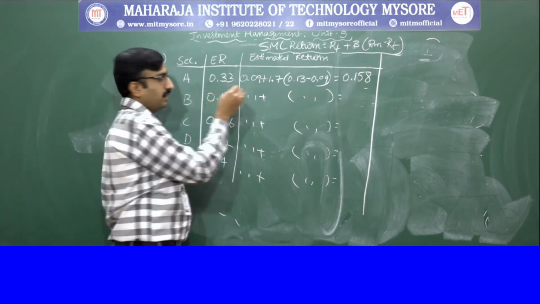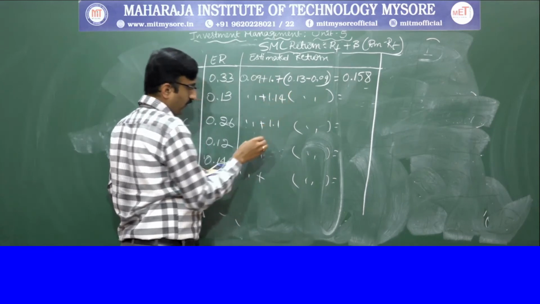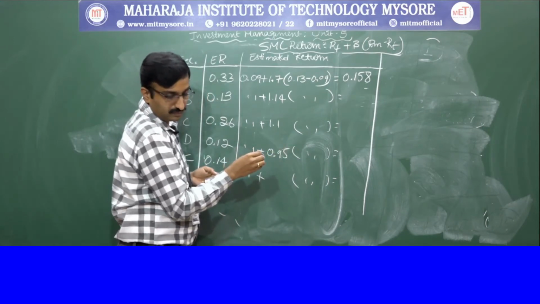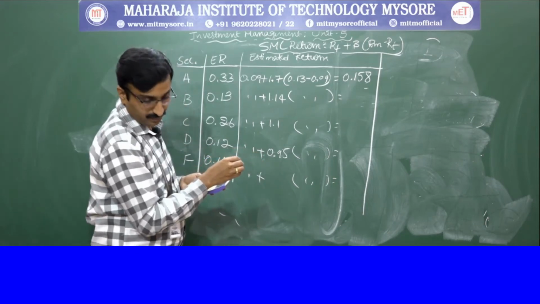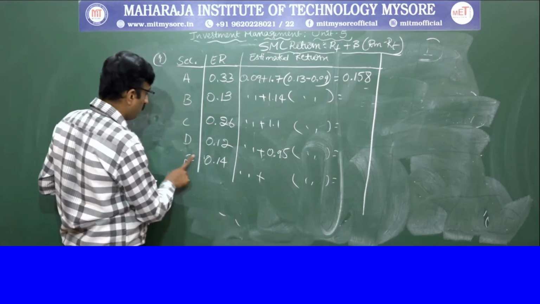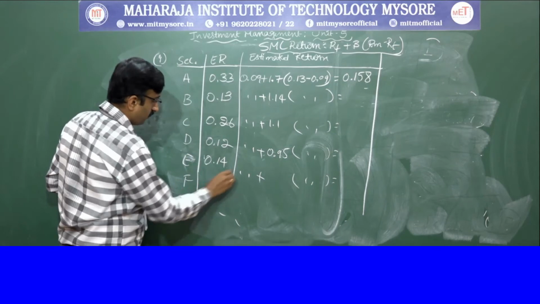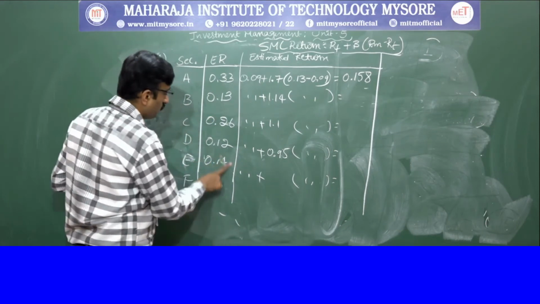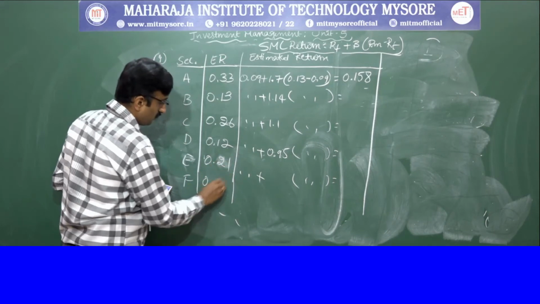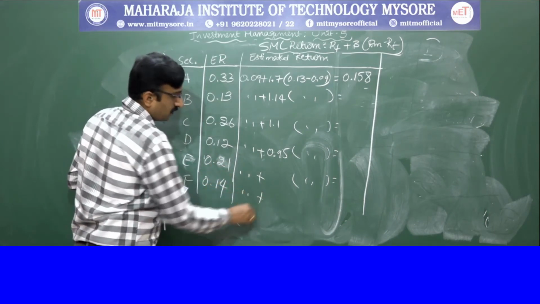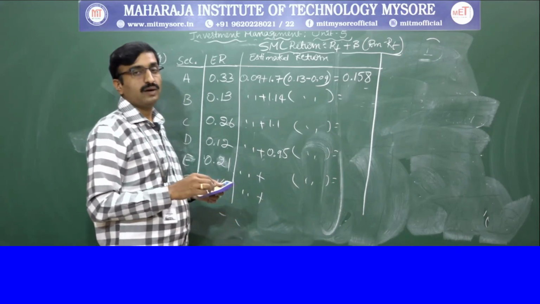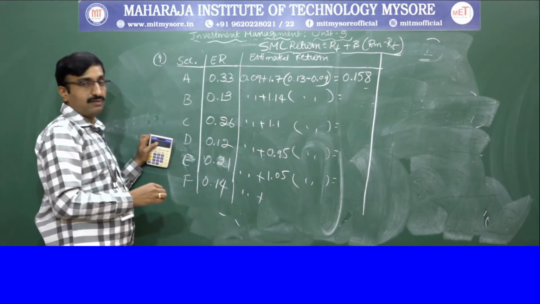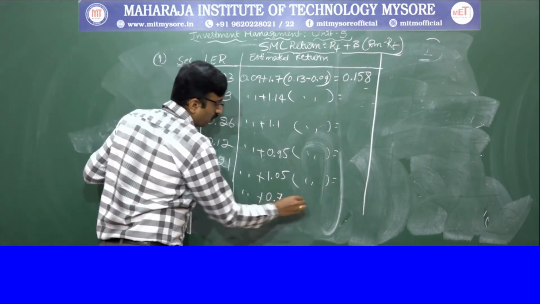Beta is 1.7 for the first one, next 1.4, next 1.1, then 0.95, then 1.05, and lastly 0.70. The beta is given in the problem itself.